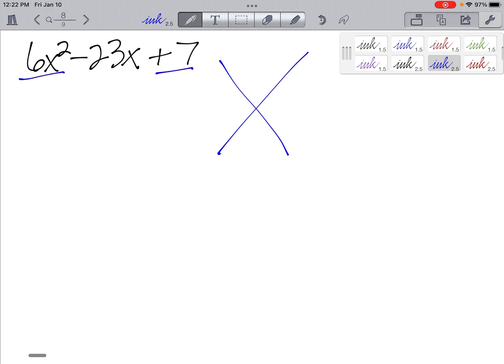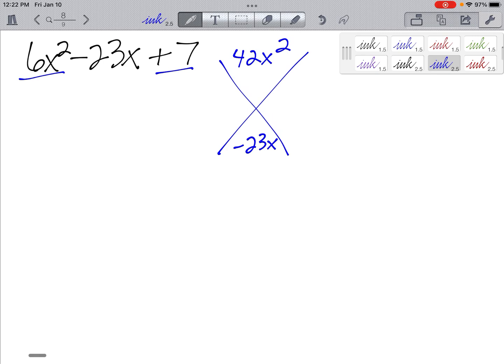First term times our last term, we get 42x squared. And then in the bottom of our x puzzle is our middle term, that negative 23x. Since our top is positive and our bottom is negative, I know that there's going to be two negative numbers that we're taking factors of.